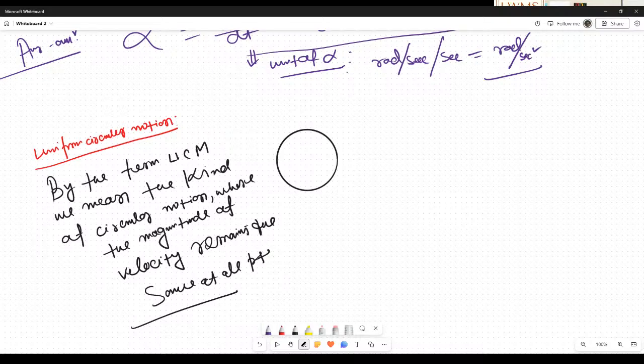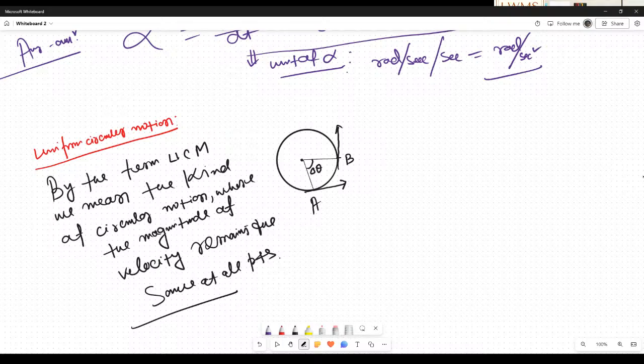I'll answer all the questions. Wait. So if we say that velocity at this point, it is going from the point A to the point B, describing an angle delta theta at the center.